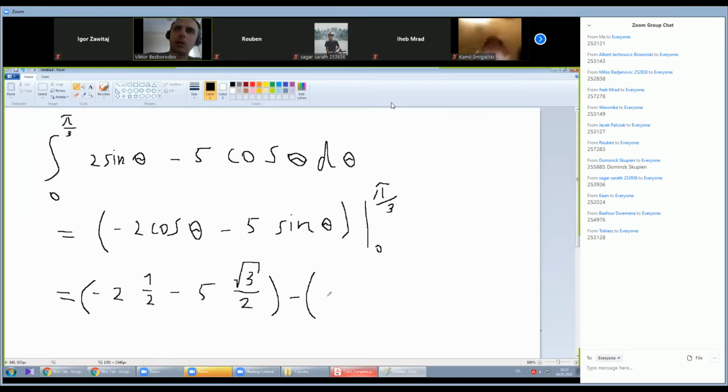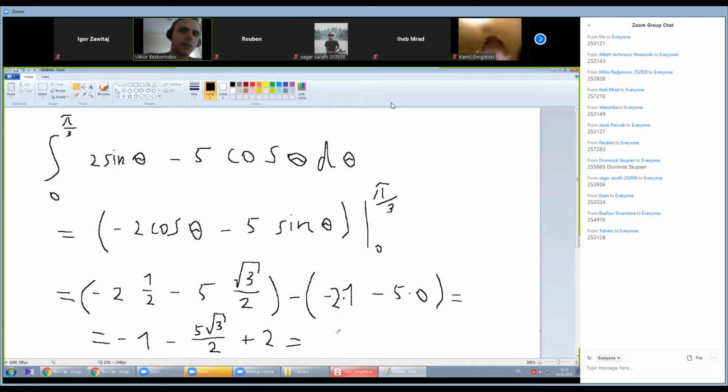Minus, minus cosine of 0 is 1, right? So it's 2 times 1, and sine of 0 is 0, so minus 5 times 0. So we have here minus 1 minus 5 square root of 3 divided by 2. Here we have plus 2, right?